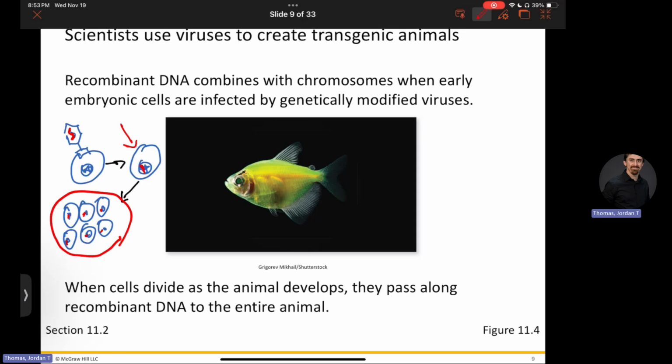So in the example with the fish and the sea anemone glowing protein, that gene for the glowing protein was put into the embryonic cell of the fish. When that fish developed, all the cells in its body had that glowing protein. That's why that fish now glows, because the gene was put into it during its embryonic stage by a genetically modified virus. So that's one way you can produce transgenic organisms.